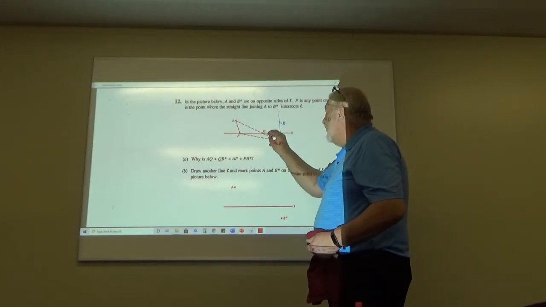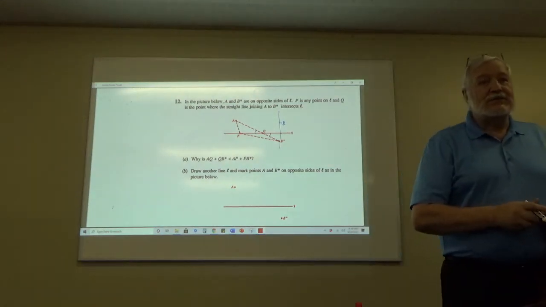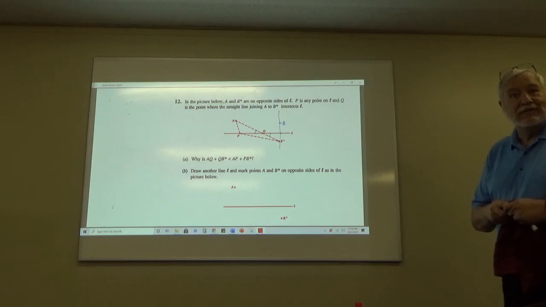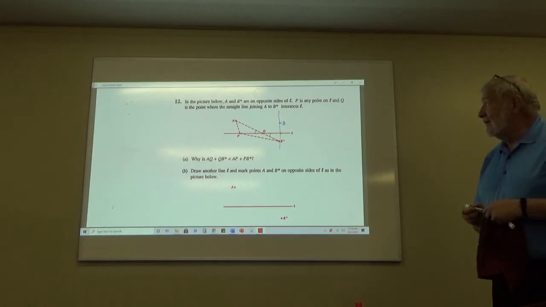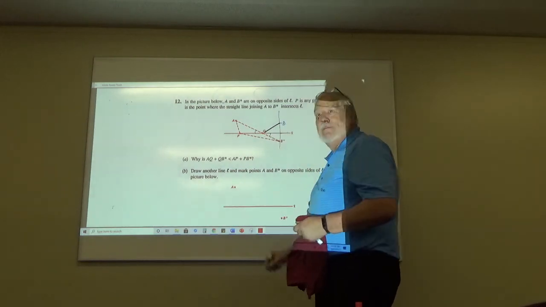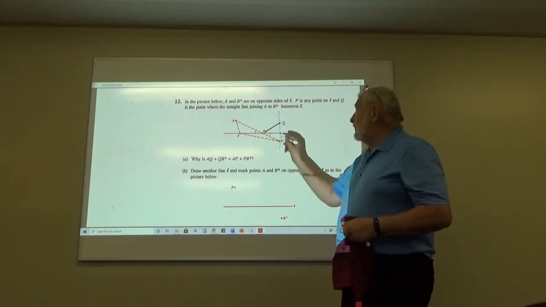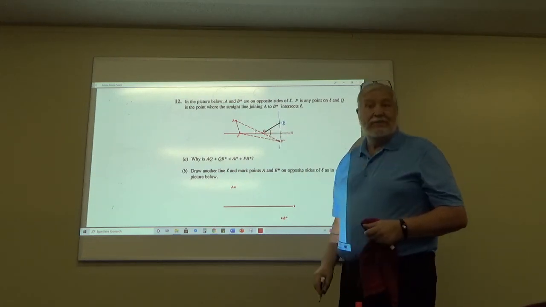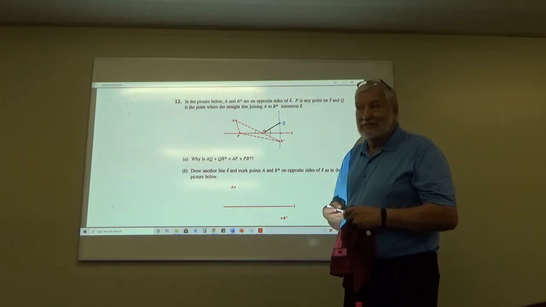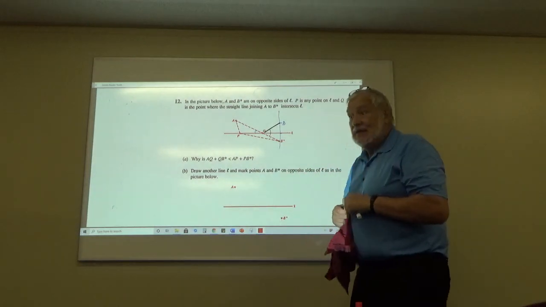And this angle is equal to that angle because those are vertical angles with the edge of the line. Now, what do I know about this line? This angle is going to equal that angle. See how it's beginning to make sense?